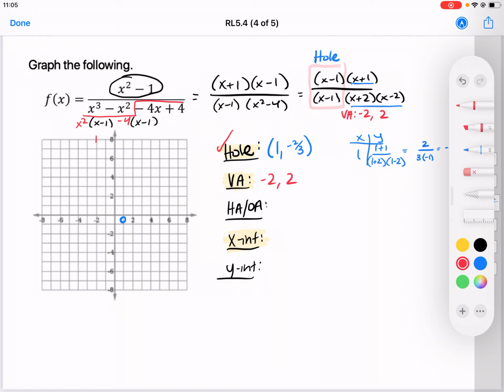There are actually 2 on this one. And then the x-intercept is from the top, and it's negative 1 because that's the 0 of x plus 1. So I'm going to go to negative 1, and put a point right there.